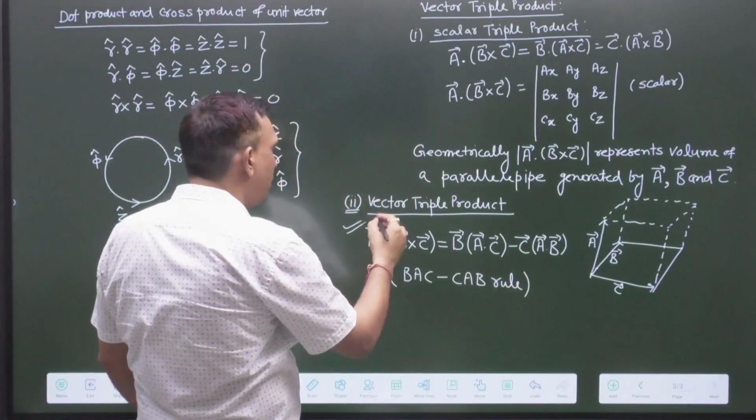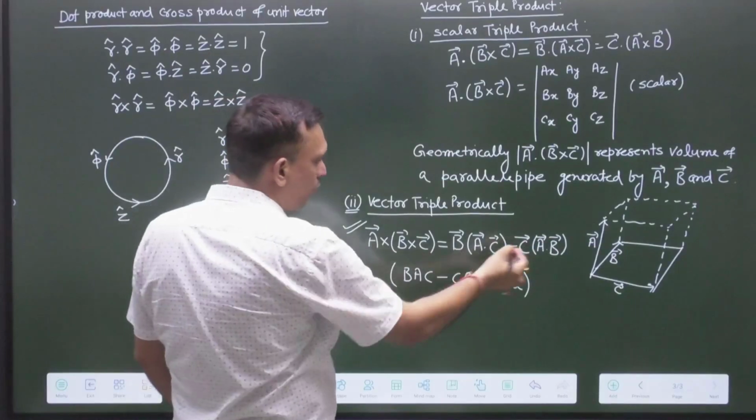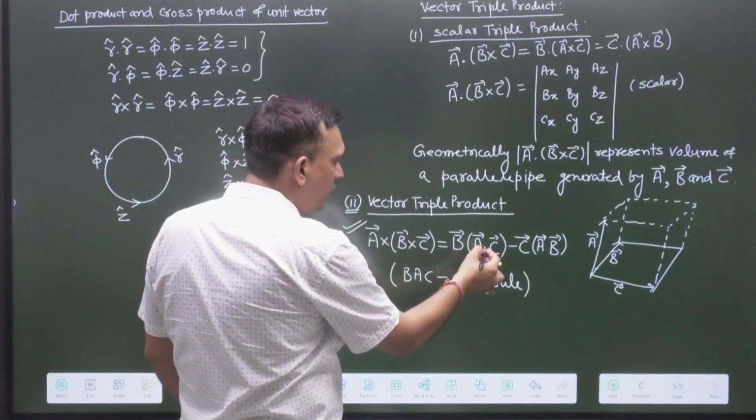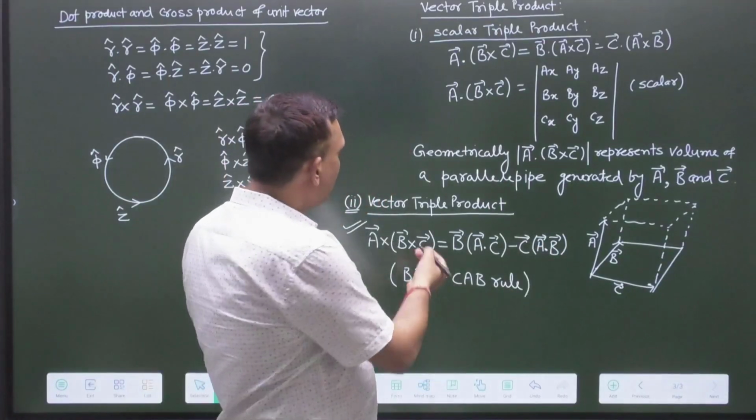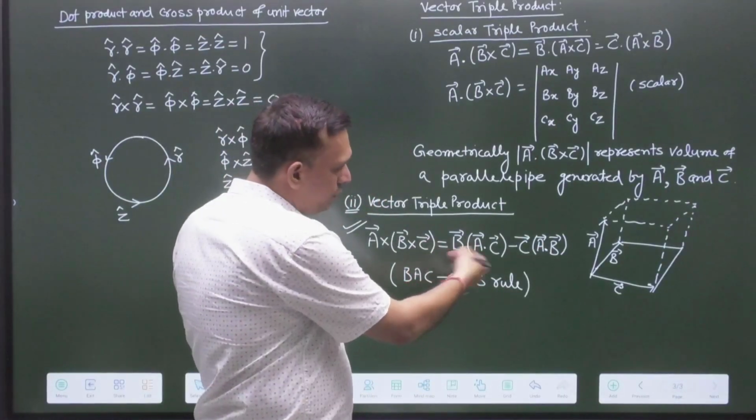So A cross B cross C, you can remember as the back cab rule. This will be B A dot C minus C A dot B. So that is the vector triple product. You can use this formula.